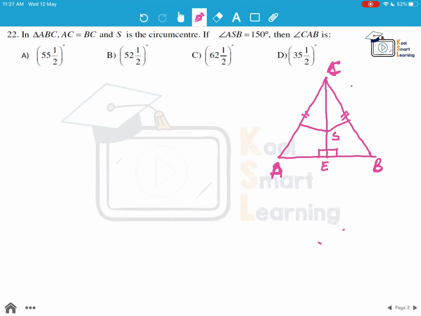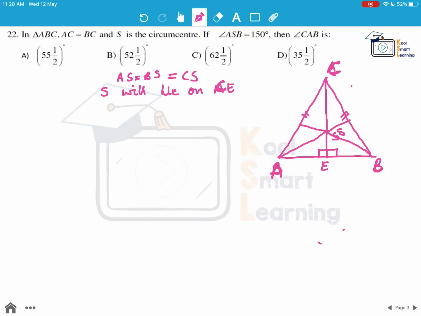And what we are given is, since S is the circumcenter, AS is equal to BS is equal to CS. Right? This is because S is the circumcenter of this triangle, and S will also lie on CE. This is the median that we had drawn from C on the line AB.